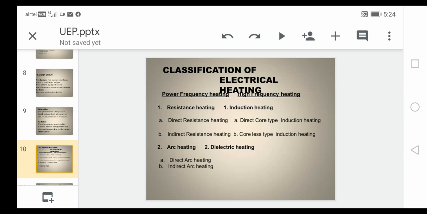Resistance heating can be direct or indirect, and arc heating can be direct arc or indirect arc. Coming to high frequency heating, we have induction heating, that is direct core-type and coreless-type induction heating, and the second one is dielectric heating or capacitive heating.